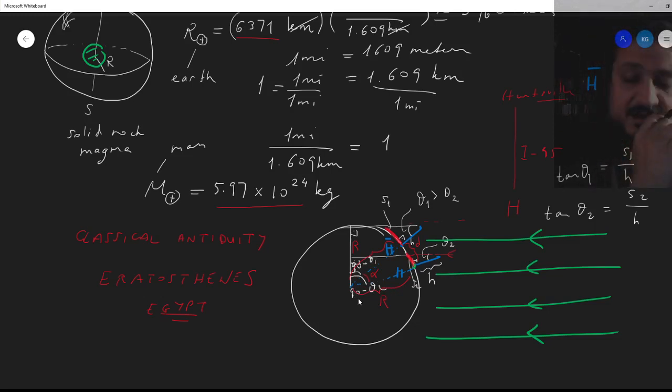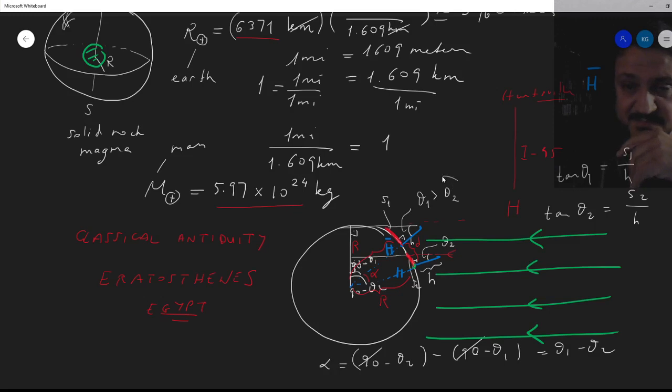So you can subtract the smaller angle from the larger angle to find that alpha that we were looking for. Alpha would be 90 minus theta 2, the large angle here, minus the smaller one, which is 90 minus theta 1, right? So 90s go away, that's pretty much theta 1 minus theta 2, the difference between the two.